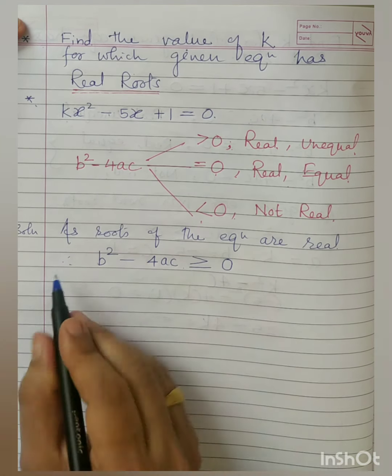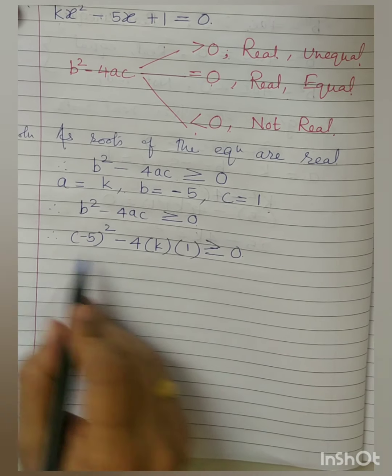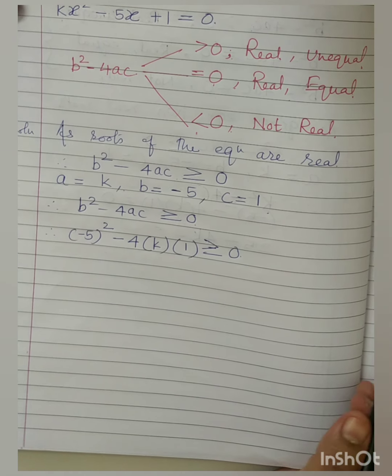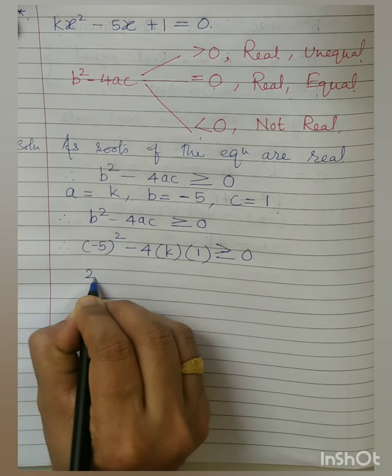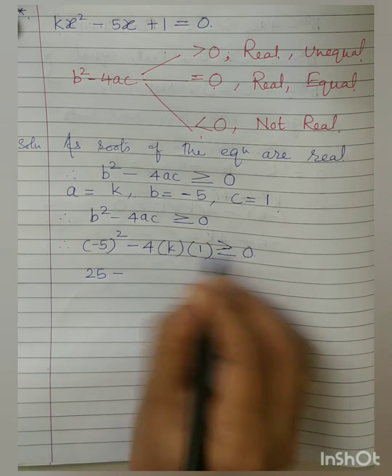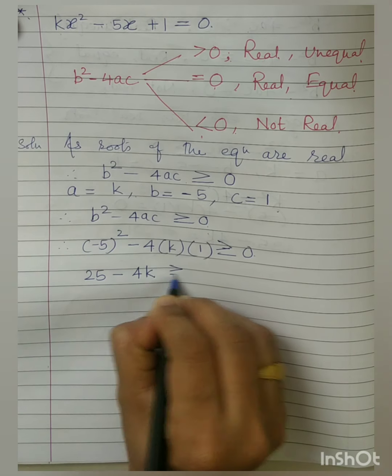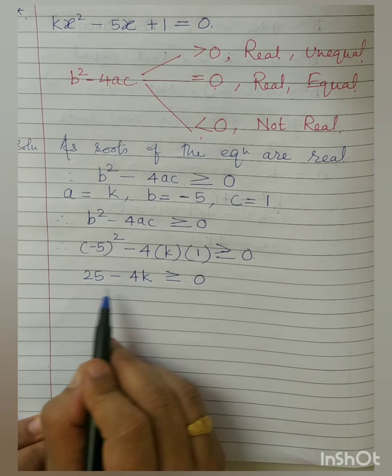Be careful, because we are habituated to writing equal to. Then (minus 5) square is 25, minus 4 into k into 1, that is minus 4k, greater than or equal to 0. Now what will you be doing here?